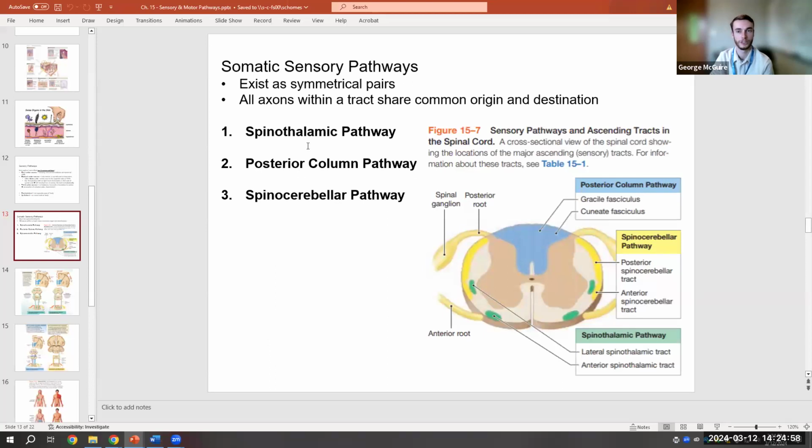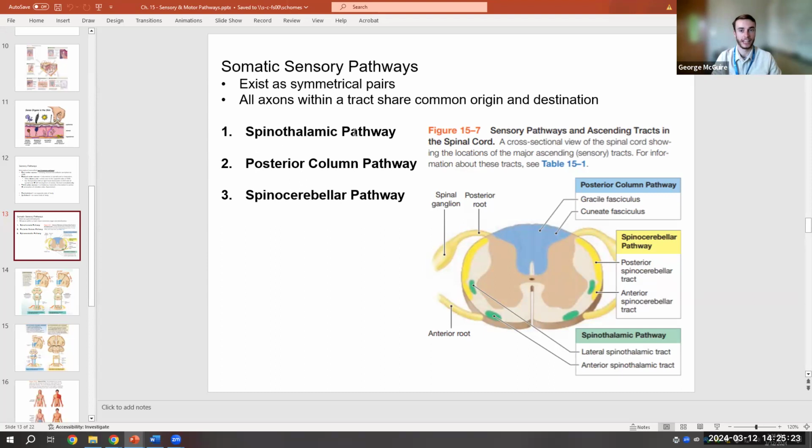But for these other two, which is where a majority of our sensory info is traveling through, that will make it to our conscious perception, our awareness of it. And so all of these pathways exist as symmetrical pairs. So you would have one on the right and left side of your body. And then those axons will share common origins and destinations, even in those parallel tracks.